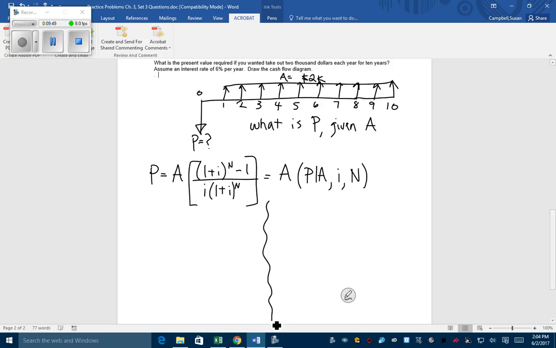Okay, so in this equation, we have an equivalent amount of $2,000 multiplied by 1 plus our 6% over 10 years. Sorry, I'm missing a 0 there.